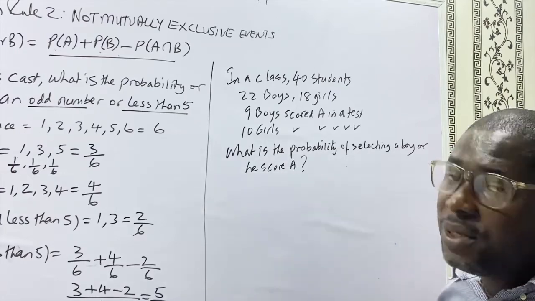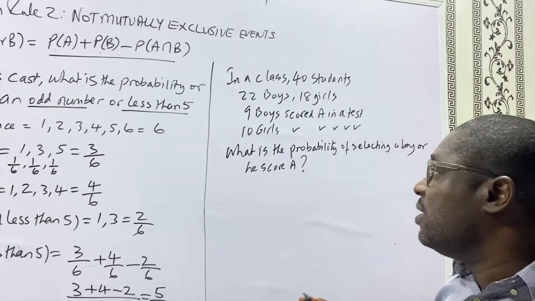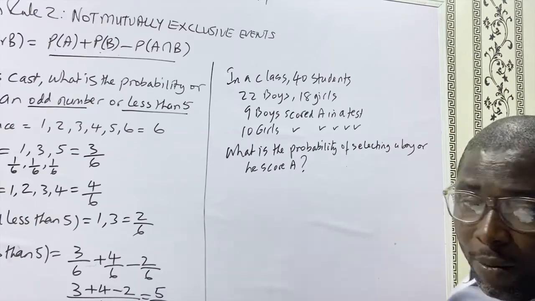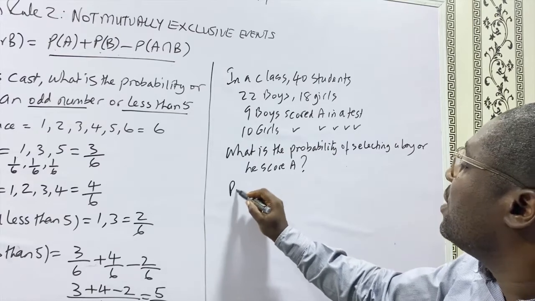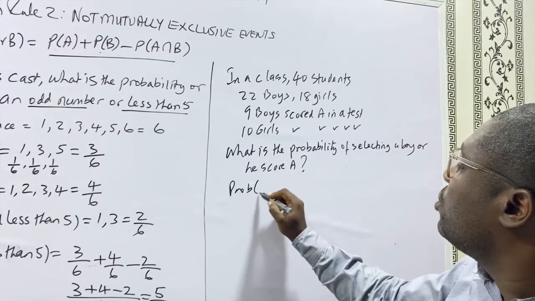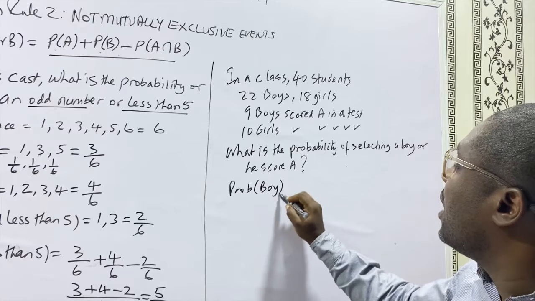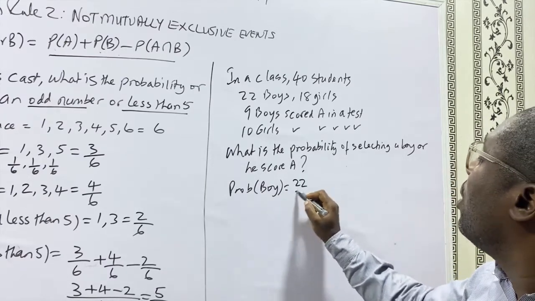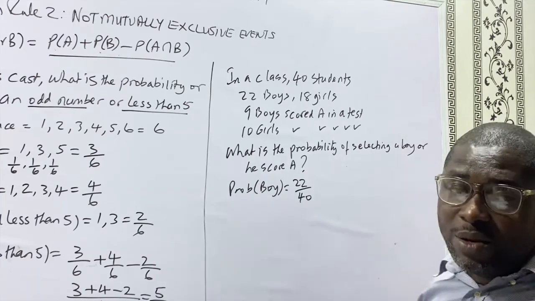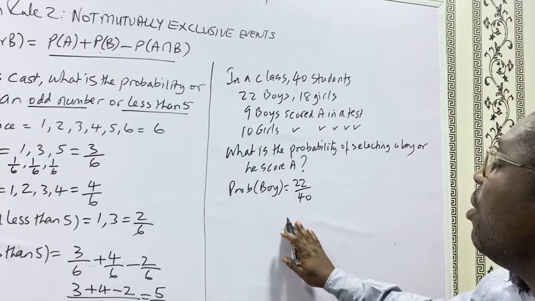So what's the probability of doing that? So we have 2 events here, but then there's a commonality of the event. Now, the probability of choosing a boy in that class will be 22 all over 40. That's the probability of having a boy.